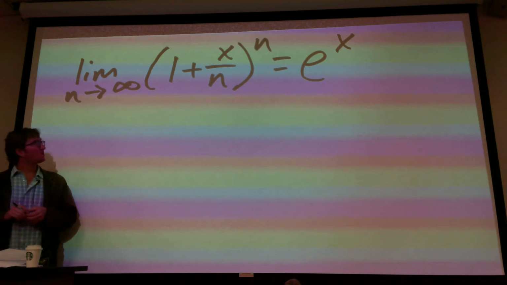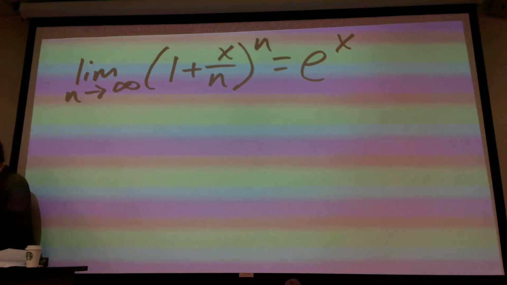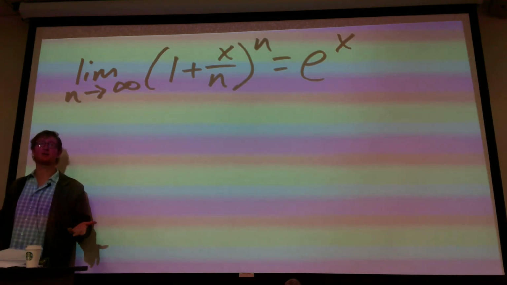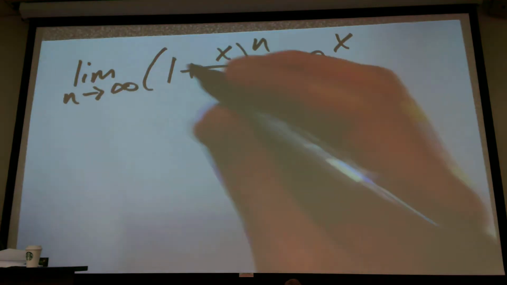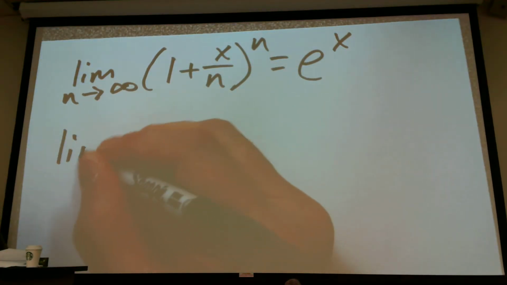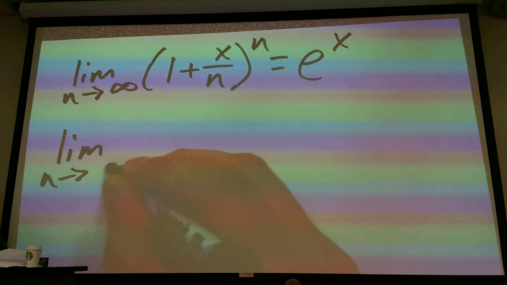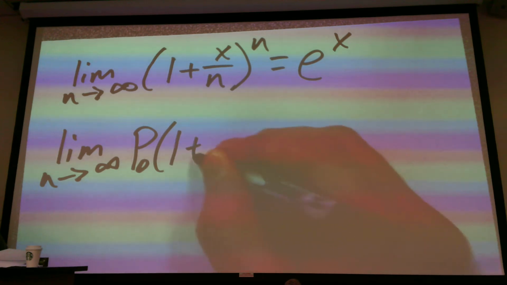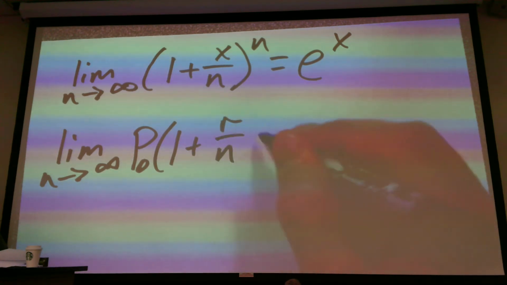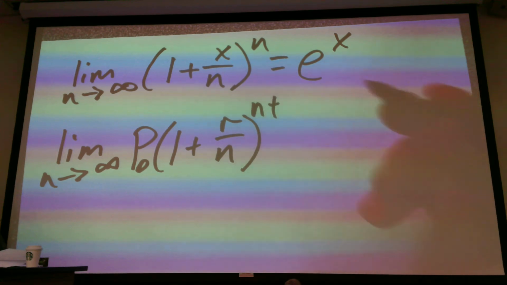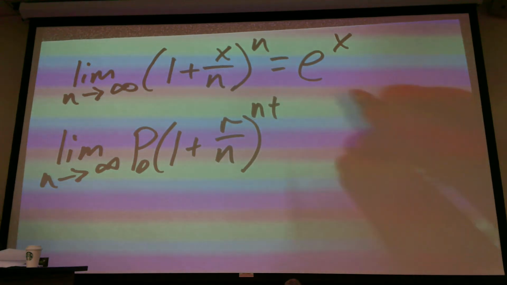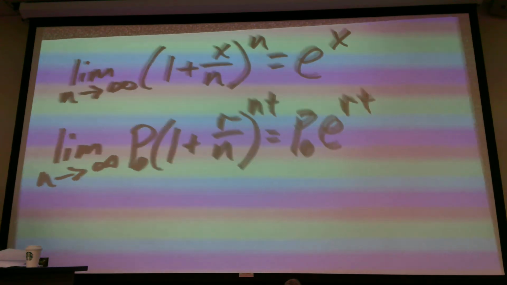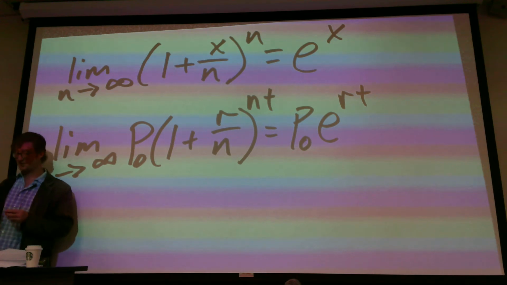Well, the reason we care is this leads to a much larger problem involving continuously compounded bank interest, where the limit as n tends towards infinity of your initial investment, R is your interest rate, n is the number of times it's compounded. This actually equals P naught e to the RT. This leads to the formula for continuously compounded interest.